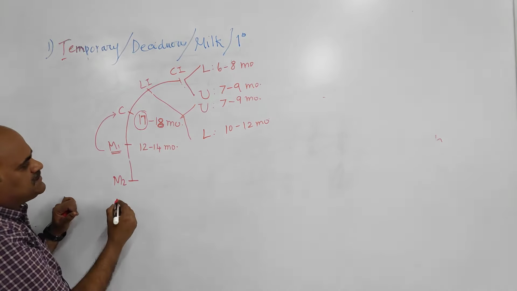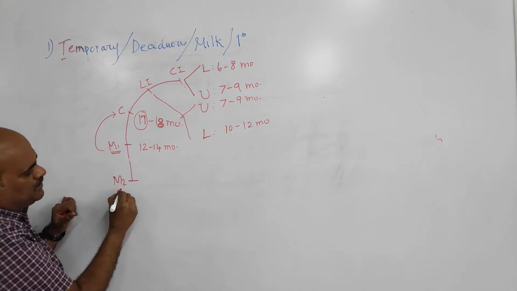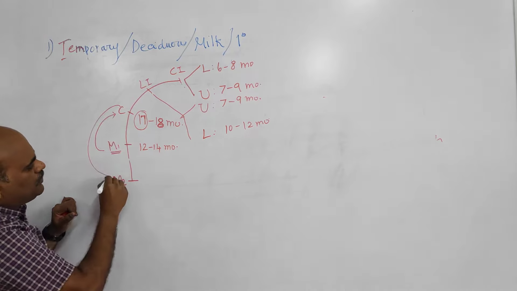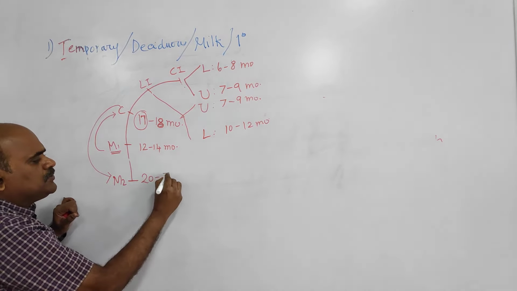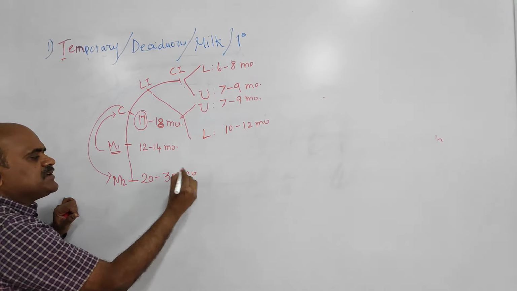Whereas the second molar is the last one, and it is very irregular, 20 to 30 months, a very wide range here.